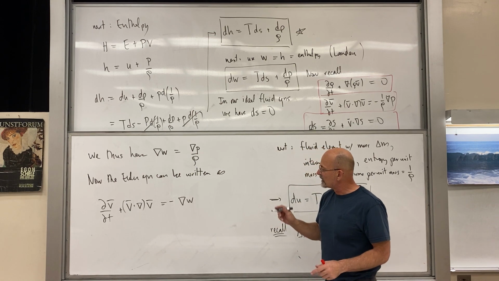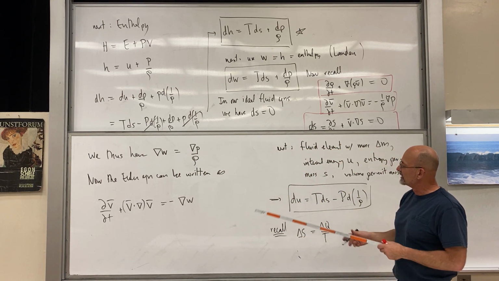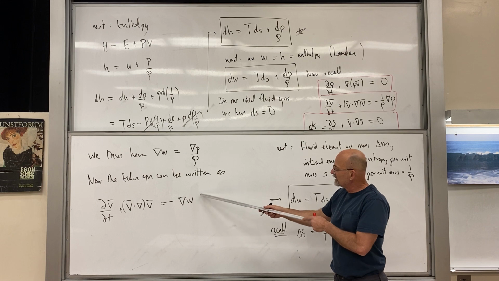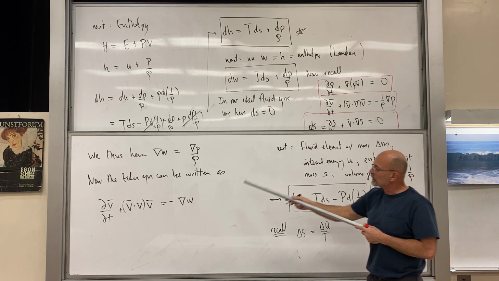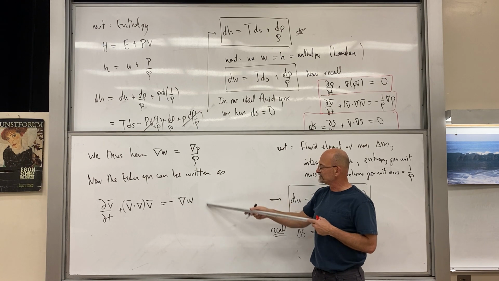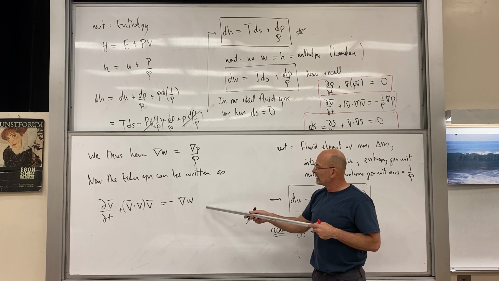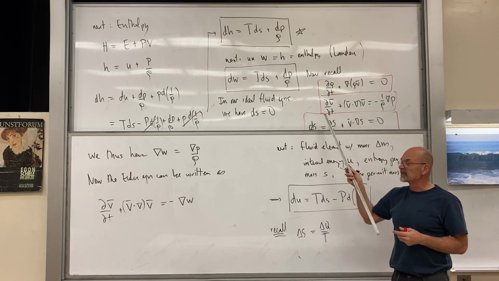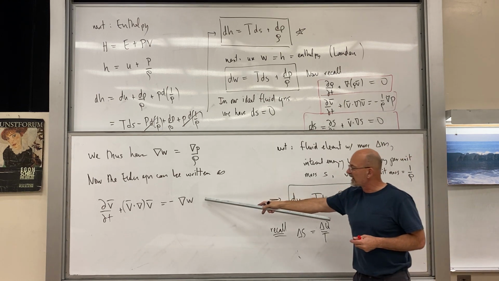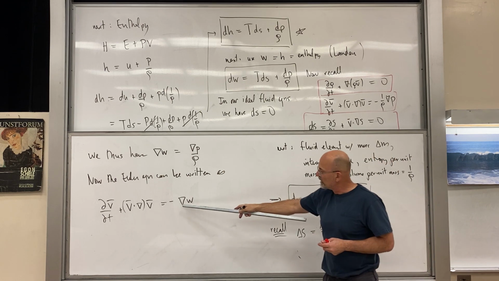So that's where I'm going to stop today. We did the thermo. This is basically what we got out of it, being able to replace gradient P over rho by just the gradient of an enthalpy. And we can regain this immediately with constant density. So we can go back and forth, but this is going to be more general.